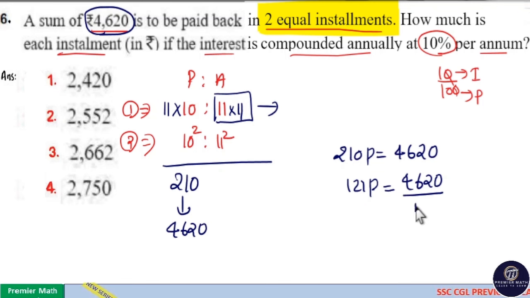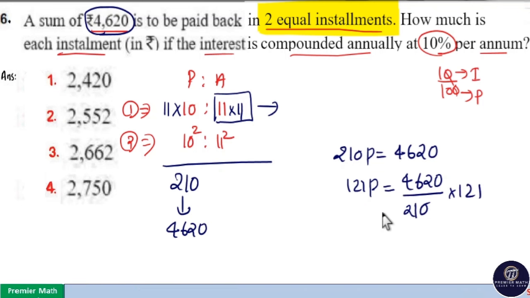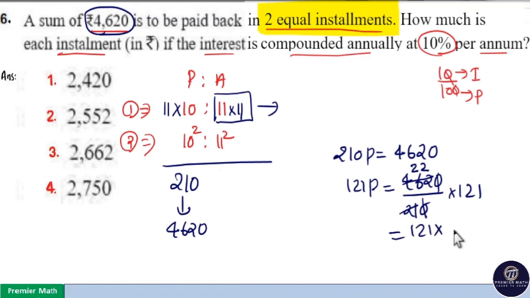4,620 divided by 210 into 121. Here 21 goes 2 times in 46, remaining 4. So 21 goes 2 times in 42. Now 0 cancels, 22 into 121. 22 into 121 means 121 into 2 into 11, which means 242 into 11.